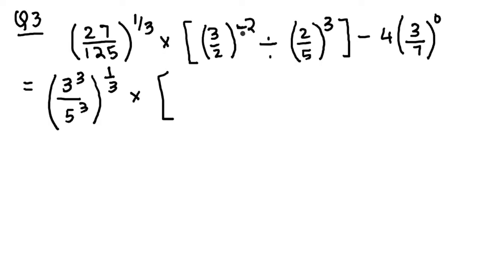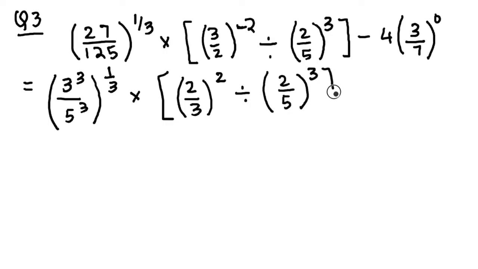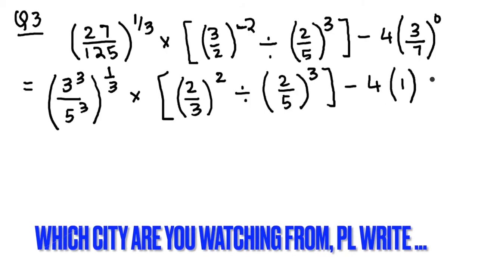Now this is a negative power, so if you see any negative power, make it positive, so it will become 2/3 to the power 2, and then it is divided by 2/5 to the power 3 and minus 4 into bracket. Now 3/7 to the power 0 means 1, since a to the power 0 is equal to 1.